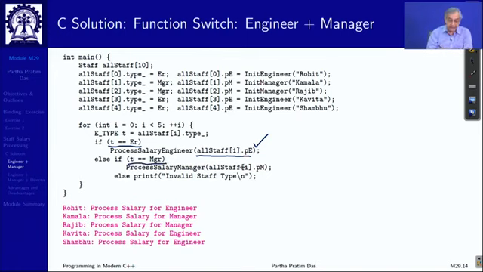If it is, then I do process salary for manager with the manager pointer. Otherwise, it should not happen, but if there is some other tag that has come, then I say it is invalid. So, that is an exception. Try to run this, given below is the output that you will get to see the salary has been processed. So, we have a first cut design for the problem.